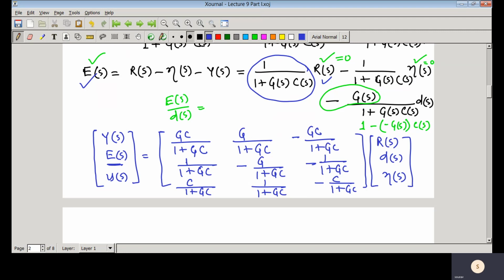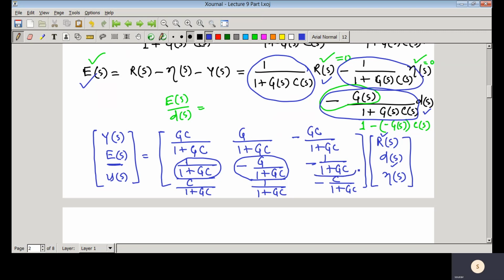If you follow matrix multiplication, that is this transfer function into R(s), then minus of this transfer function, that is minus of G by 1 plus GC into D(s), and the last one is this transfer function, minus 1 by 1 plus GC, into eta(s). Similarly, I have written the expressions for Y(s) and U(s).